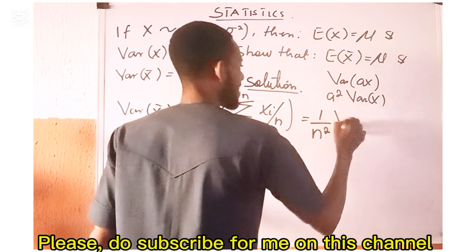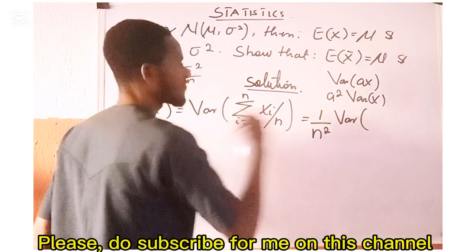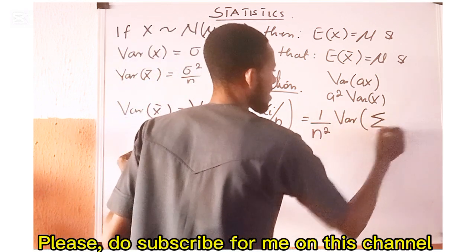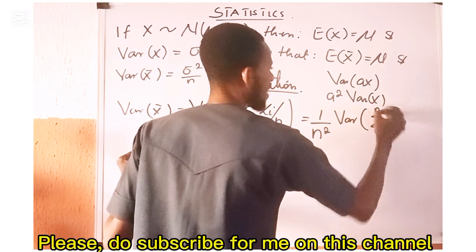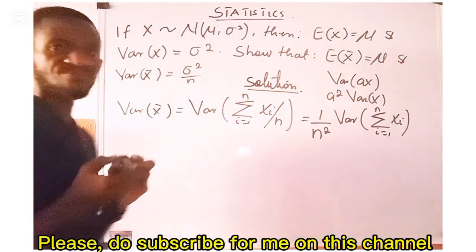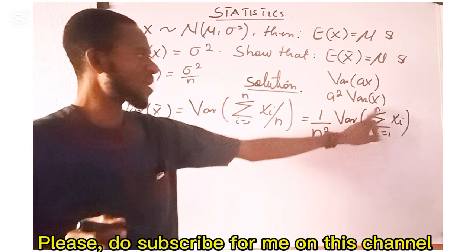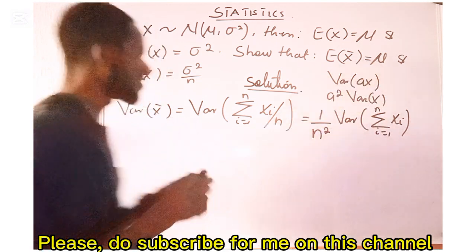We have the variance of the sum, i running from 1 to n of xi. We close the brackets. Now, like I did before, this sum can be expressed this way.